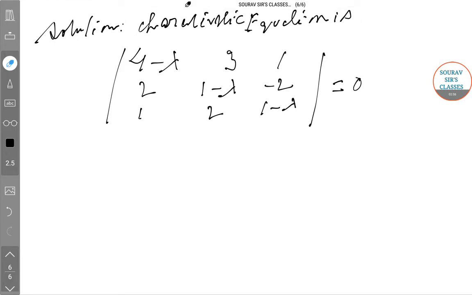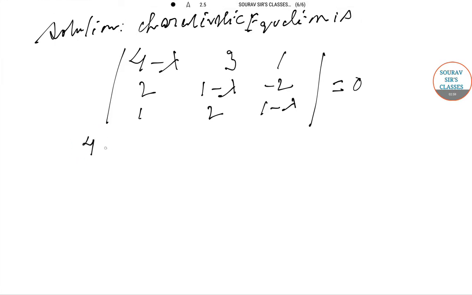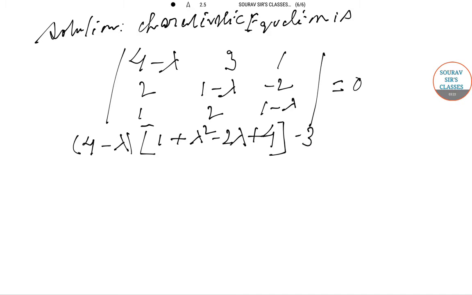You solve it, see what you get. 4 minus lambda into 1 plus lambda square minus 2 lambda plus 4, minus 3 into 2 minus 2 lambda plus 2, plus 1 into 4 minus 1 plus lambda.